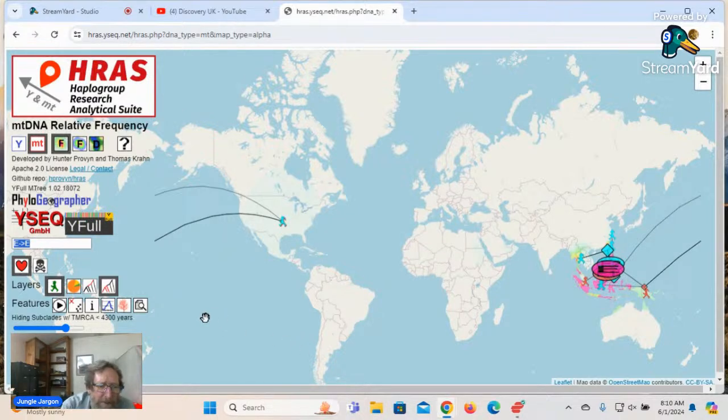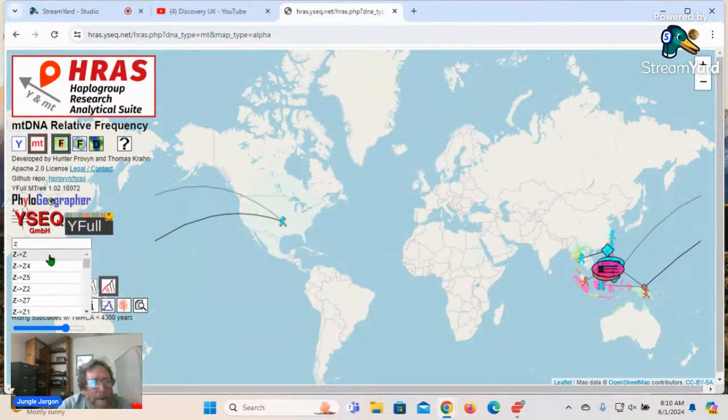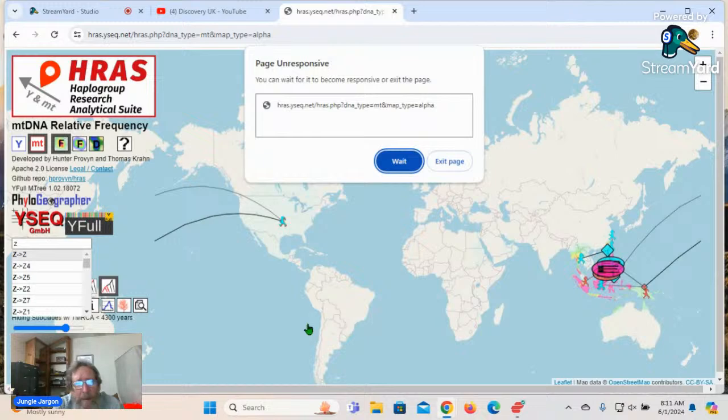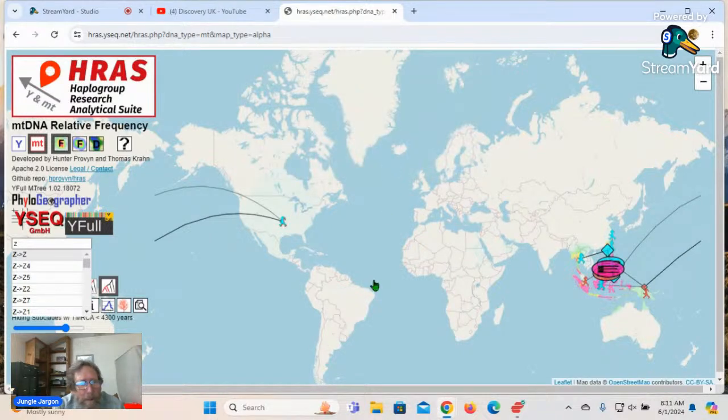So we'll go to Z. Let's see what Z shows here. This again would be the Eurasian mitochondrial descendants of Japheth. And these are kind of obscure lineages too, and yet they're in America fairly early on. Some of them, at least the G was fairly early on.